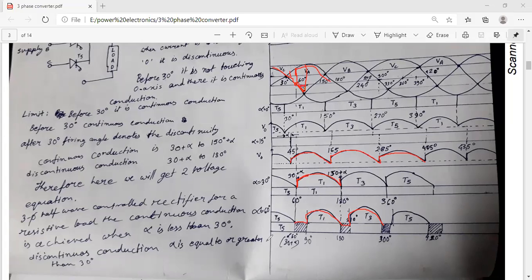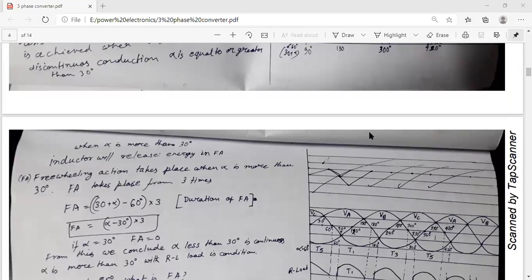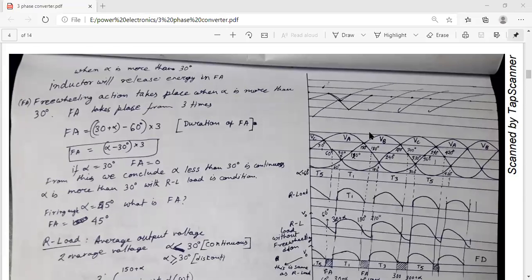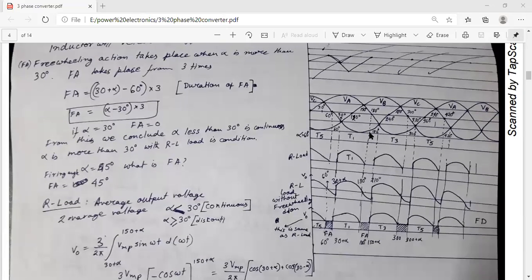So this is above 30 degree. Here the firing angle is greater than 30 degree. Okay, so this way we can get the value.